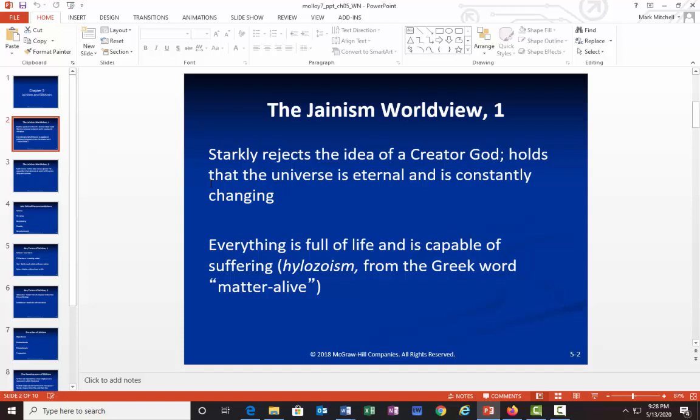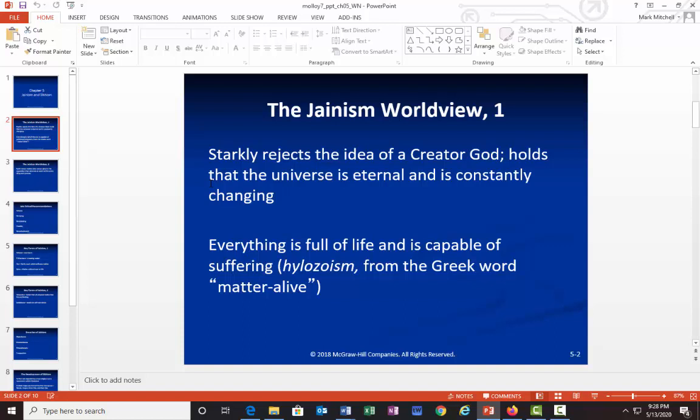Now, the founder, the first great person, who gets that title of Mahavir, the great man, was born somewhere about 600 BCE. There's a little dispute over it, but he was born into a pretty wealthy family. He was the second son, and he had fewer responsibilities for caring for his older parents than his older brother did.